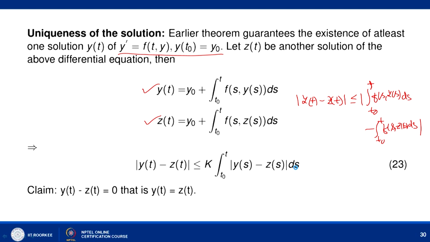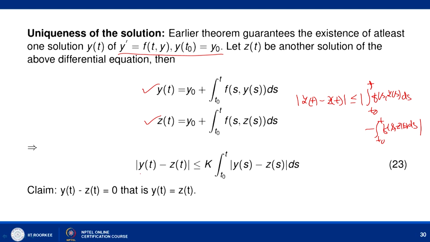So, here we can say that in fact this is equality. So, we can say that modulus of y(t) minus z(t) is less than or equal to the modulus of the integral from t naught to t of f(s, y(s)) minus f(s, z(s)) ds. Now, here we can apply the Lipschitz condition or the bound of the partial derivative of f.